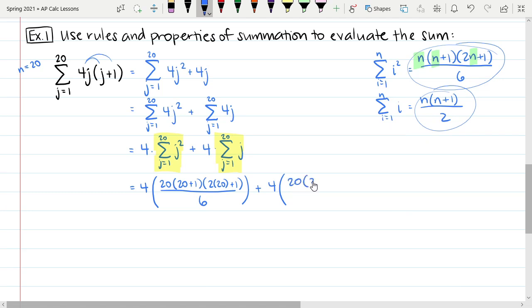So that's going to be a 20 times a 20 plus 1 all over 2. And at this point, this is now just arithmetic, and so you would use your calculator, and you should get 12,320. So that is how we can use those summation formulas along with the summation rules to evaluate a particular summation.